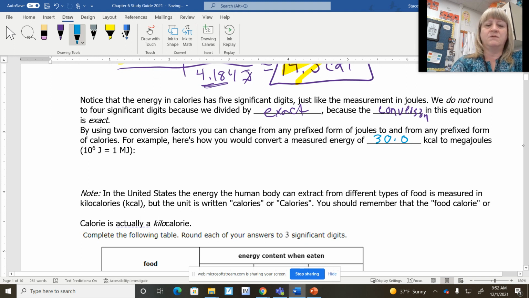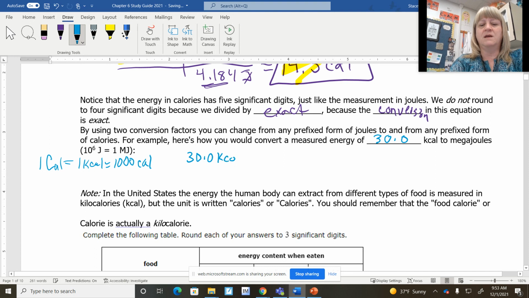A kilocalorie, remember, is 1,000 calories. And a kilocalorie is also equal to 1 big C Calorie, and that's a Calorie like we know from nutrition. So instead of writing kilocalories, they just do a capital C, but they're the same. So we would take our 30.0 kilocalories, and then we would use these 2 conversions to go back and forth. So I'd use 1 kilocalorie is equal to 1,000 calories.